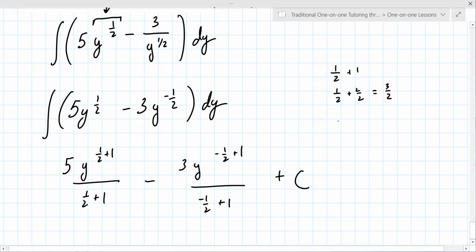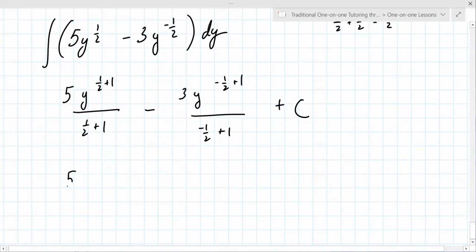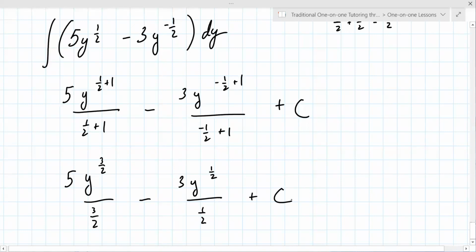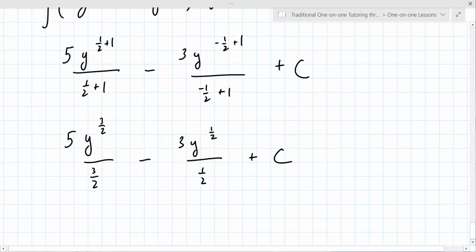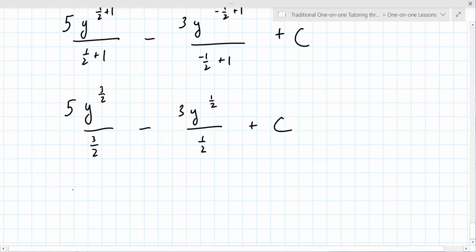Now 5 over 3/2 becomes 10/3. And 3 over 1/2 is 6.